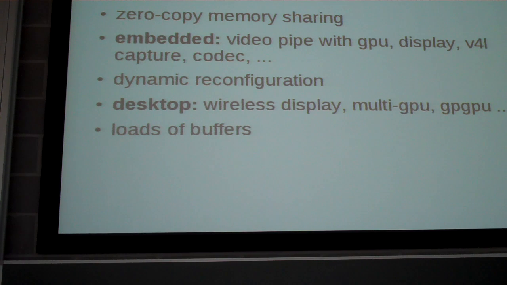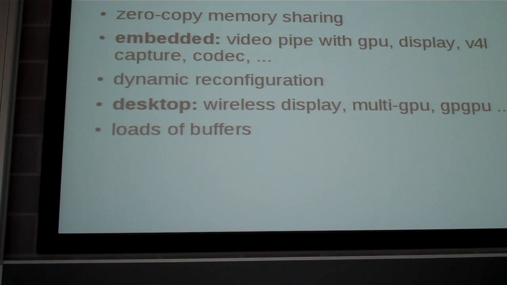And especially general purpose GPU computations, where you move a lot of stuff between the CPU, GPUs, and maybe some special purpose ASICs for other things. So on the desktop, the special thing is that we deal with a lot of buffers.